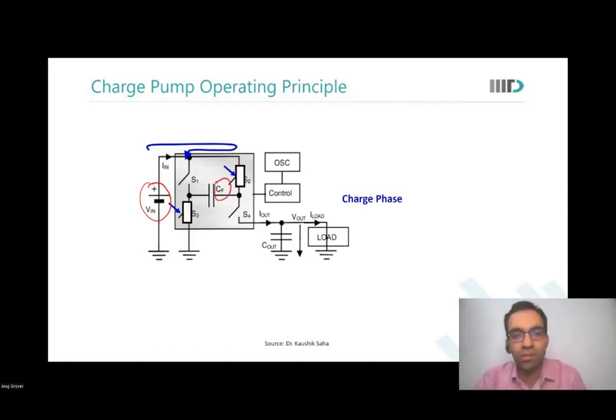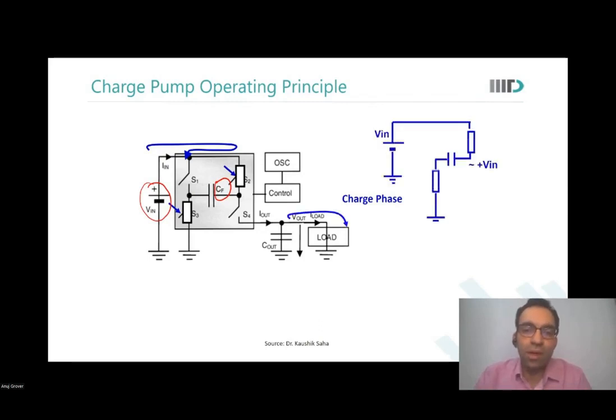Some voltage would appear. What voltage? That would be equivalent to Vn, or a little drop around it, but finally stabilizing at Vn. Okay? Then we move into the next phase, which is about charging the C out.